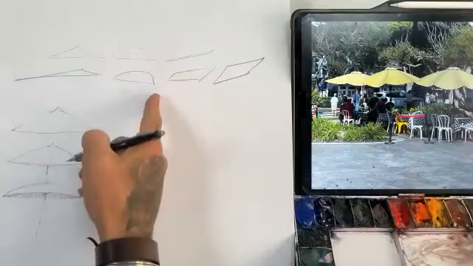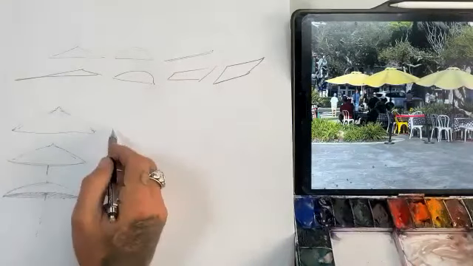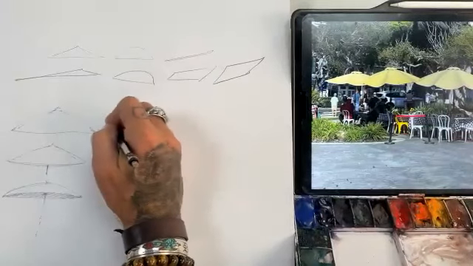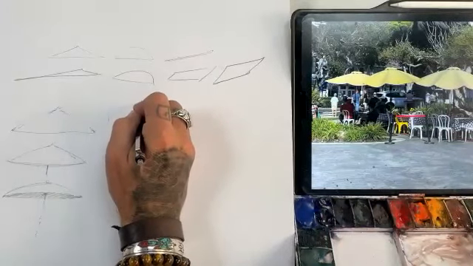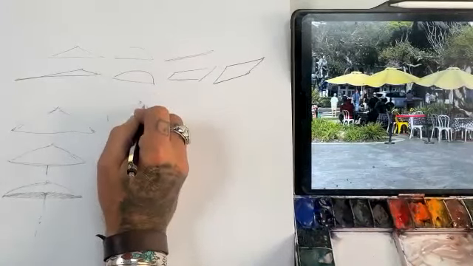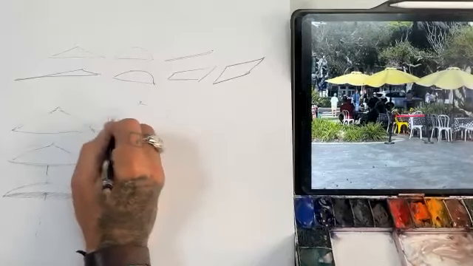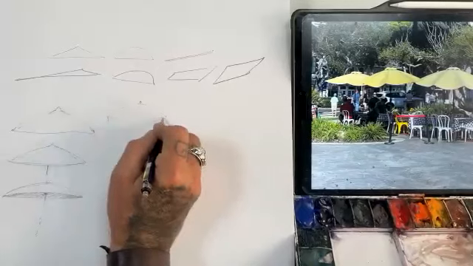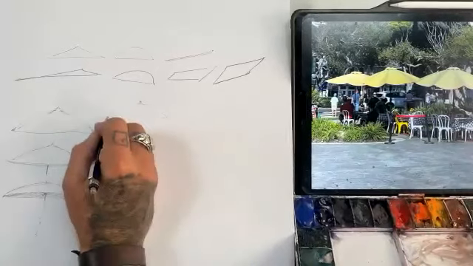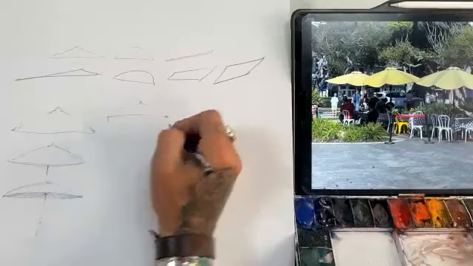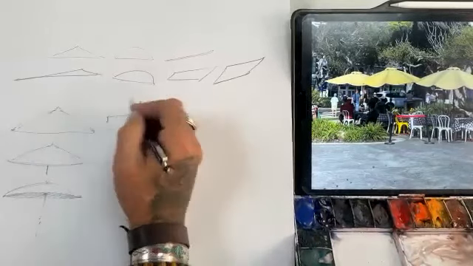So if it's a domed umbrella, I'll probably be a little careful, and I'll draw up to the middle, find that middle section. Okay, that length feels good. And then I'll bring it back this way. And again, I'll either arc this way a little bit or arc it this way a little bit, so it's not just a straight line. And that's where this other piece comes hanging down from.